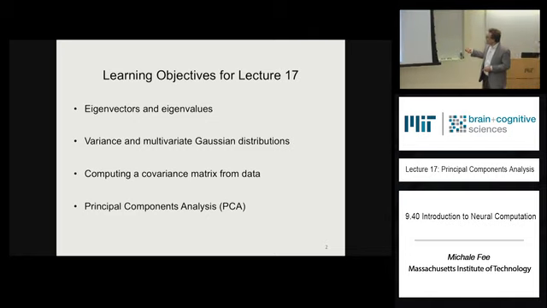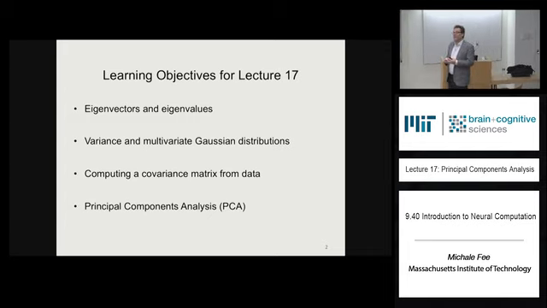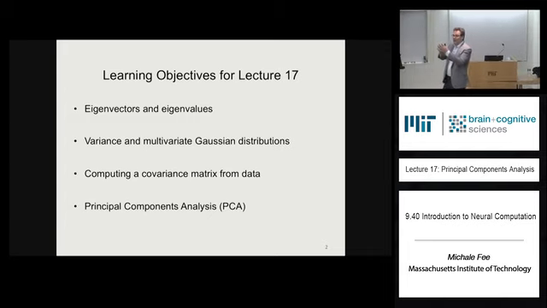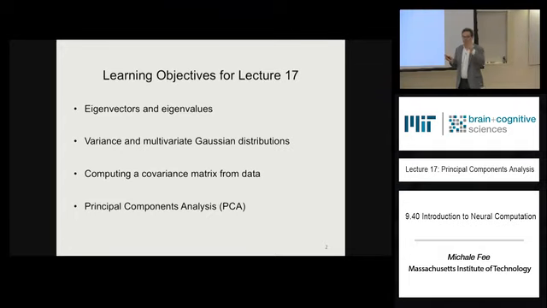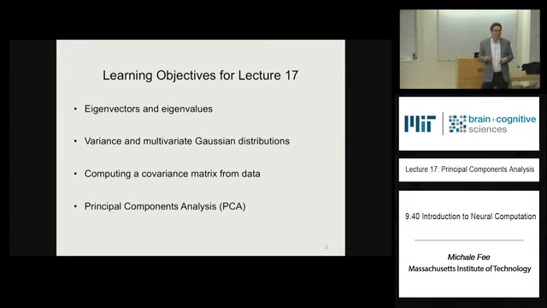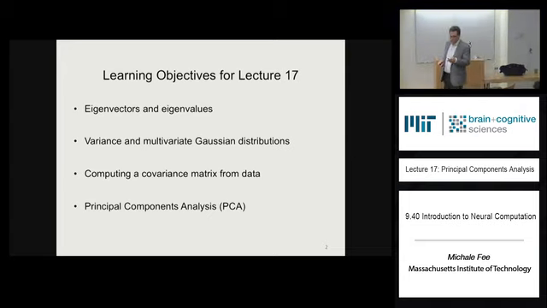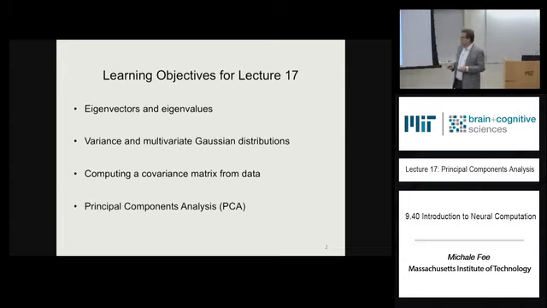We're going to talk about how to compute a covariance matrix from data, which describes what the variance in different dimensions is, and how those different dimensions are correlated with each other. And finally, we'll go through actually how to implement principal components analysis, which is useful for a huge number of things.